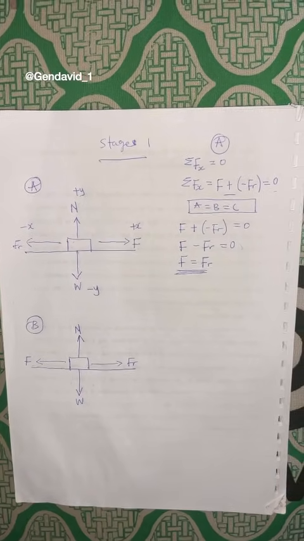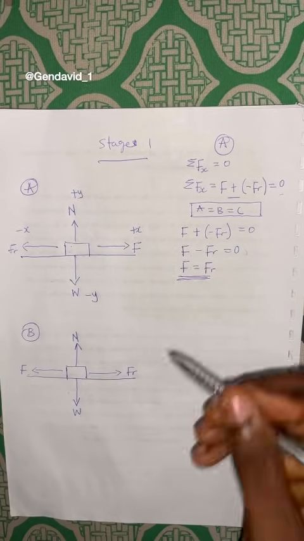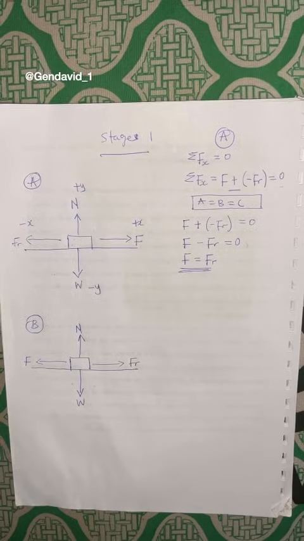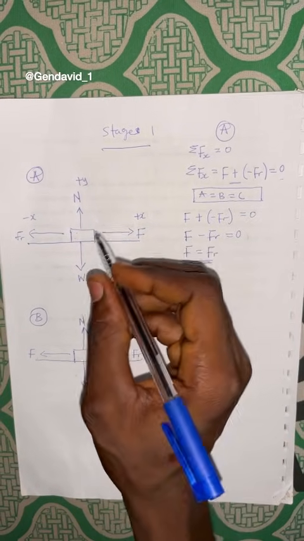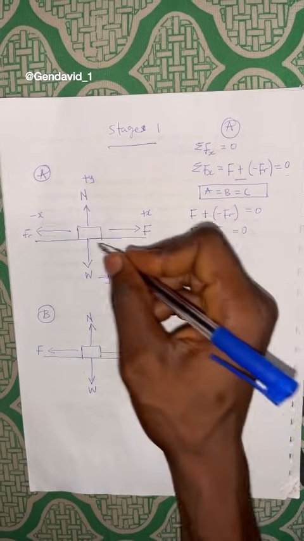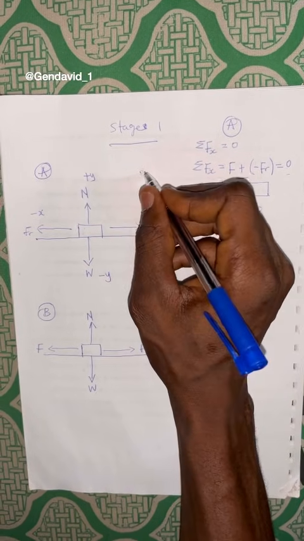But mind you, under the frictional force we have what is known as static friction and kinetic friction. Let me say that the frictional force holding the mass of a body is like 50 Newton.